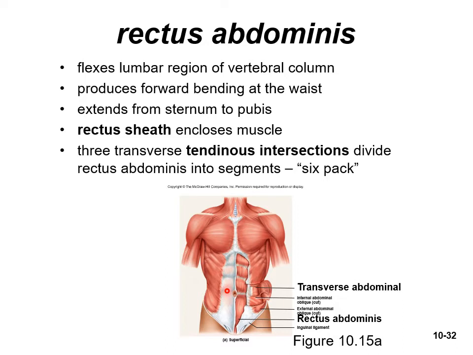The rectus sheath serves to further provide structure and support to compress the viscera, and then the tendinous intersections allow you to flex the spine to varying degrees. So it allows you to do a partial sit-up, a crunch, or a full sit-up. The tendinous intersections provide varying degrees of how far you want to flex your spine.